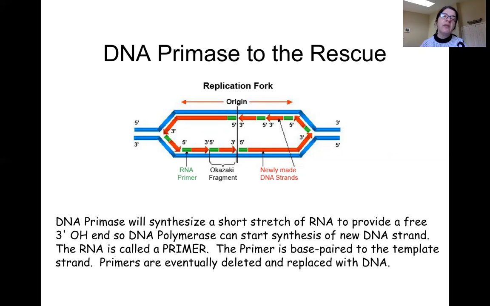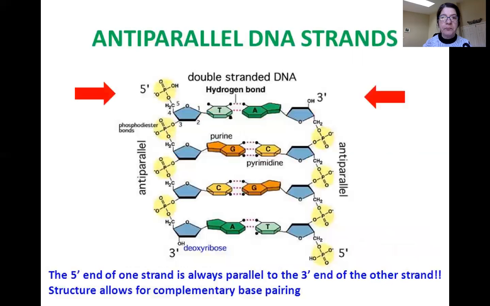These primers will eventually be erased, deleted and replaced with DNA. But they serve to prime, to get the DNA polymerase going. DNA polymerase cannot get going unless it already has some paired nucleotides ready. So DNA primase generates these little green things here, these little RNA primers, which eventually will be erased.